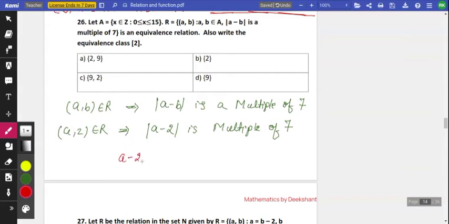You can say that a minus 2 equals 0, 7, 14. Then the value of a is 2, 9 and 16. But 16 does not belong to the given set A, so we take only 2 and 9. So the correct answer is 2 and 9. This is the equivalence class for 2.